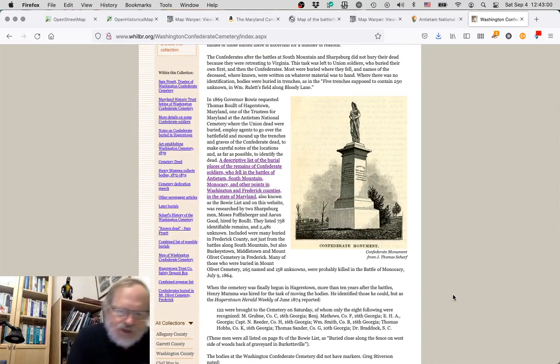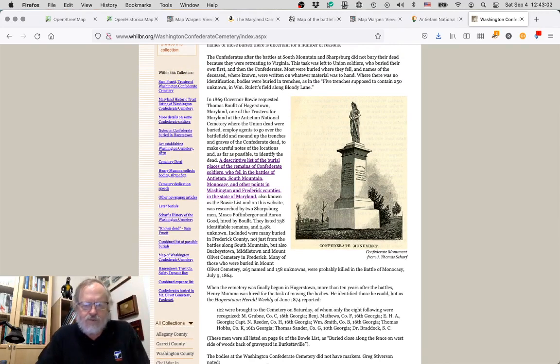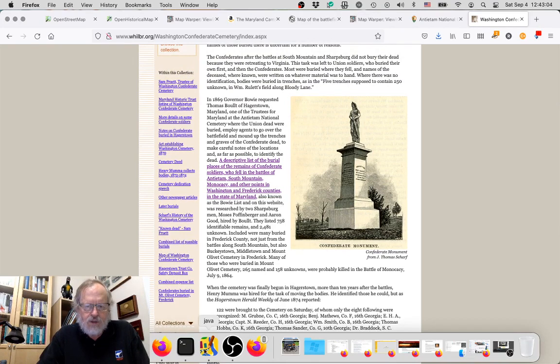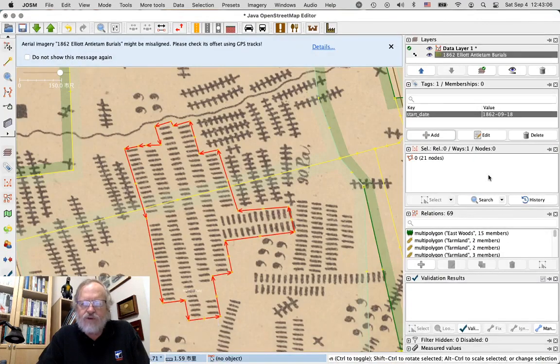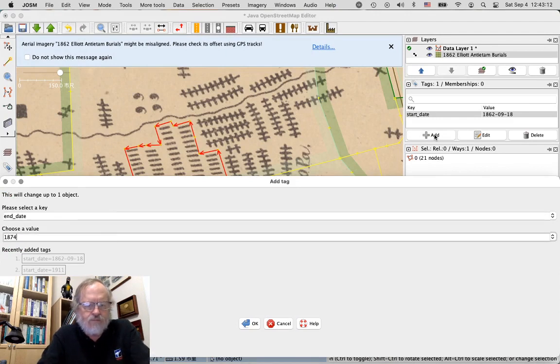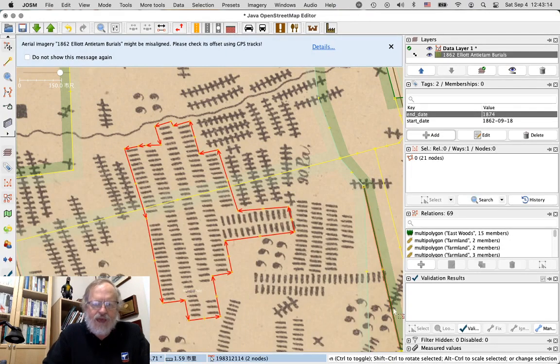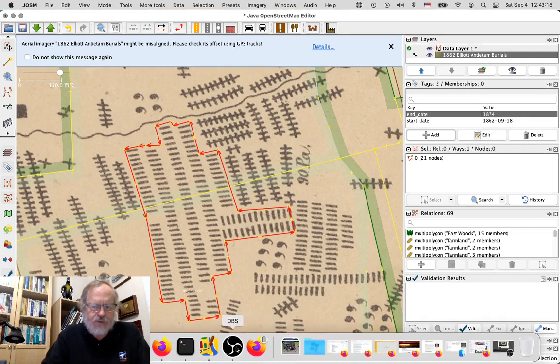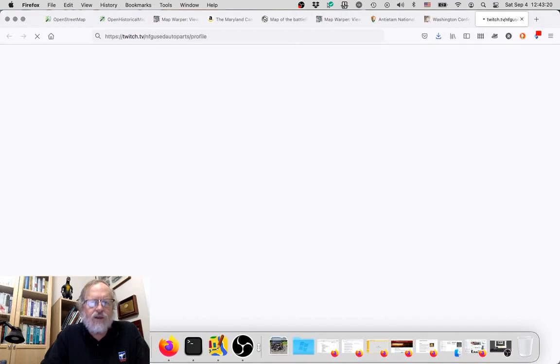So it's looking like 1874 is probably an adequate date to set here. So end date. And this, of course, will be after all the Federals were relocated.